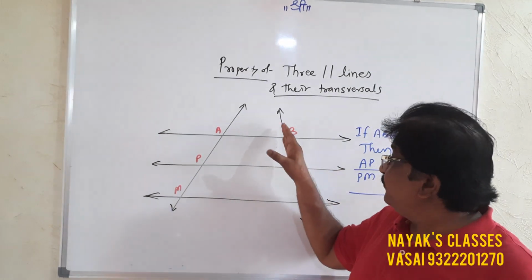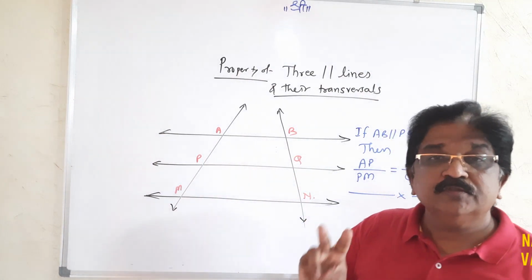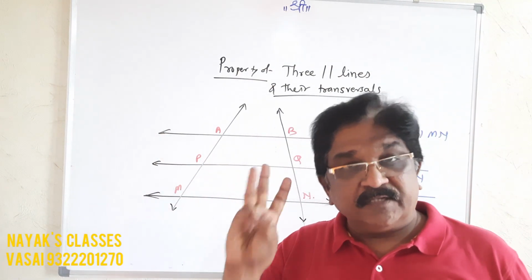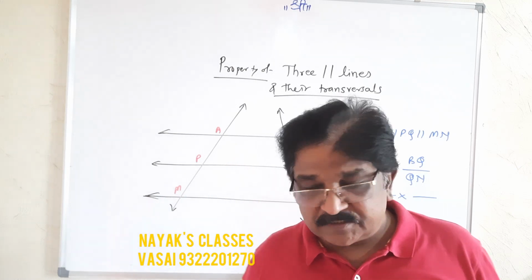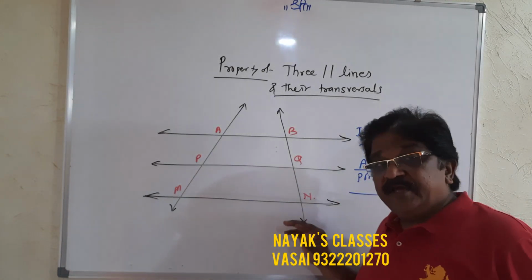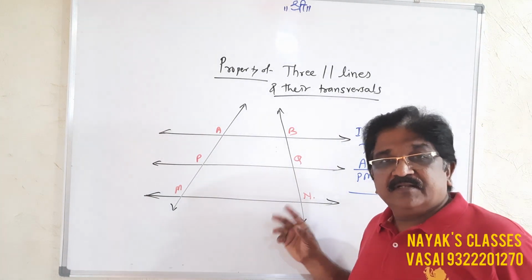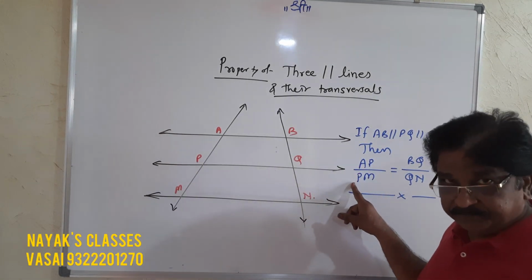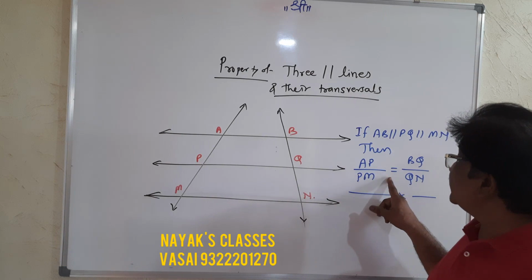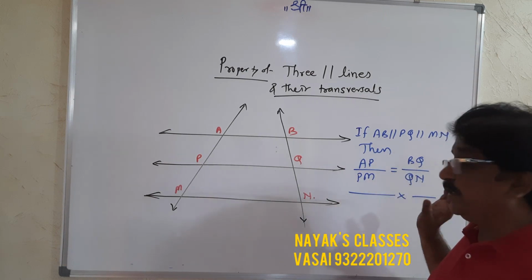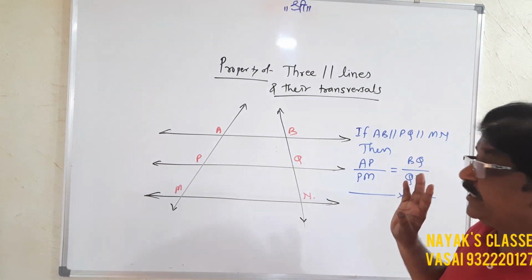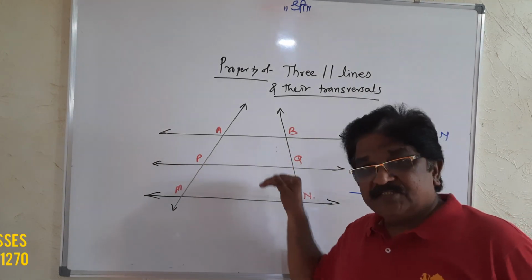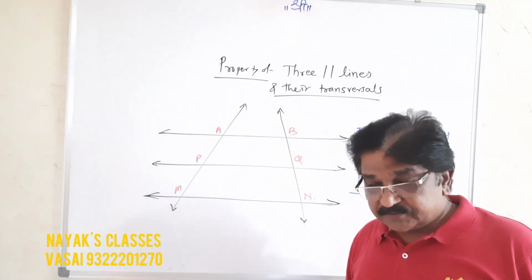APM and BQN are two transversals. Three parallel lines, two transversals. Then, if this is given, the ratio AP upon PM is always equal to BQ upon QN. Say again, three parallel lines, two transversals.